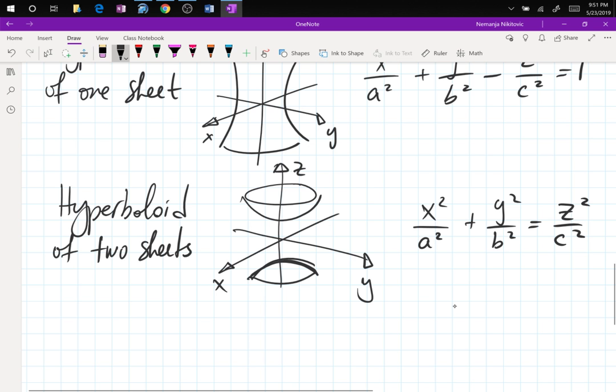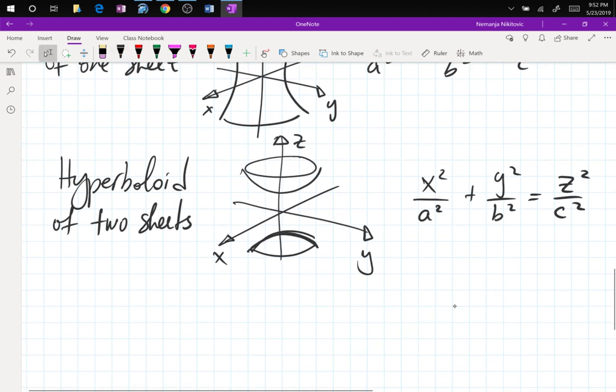So for certain values of z, you have ellipses. If you cut z high enough or low enough, that depends on the numbers you have of a, b, c, and so on.